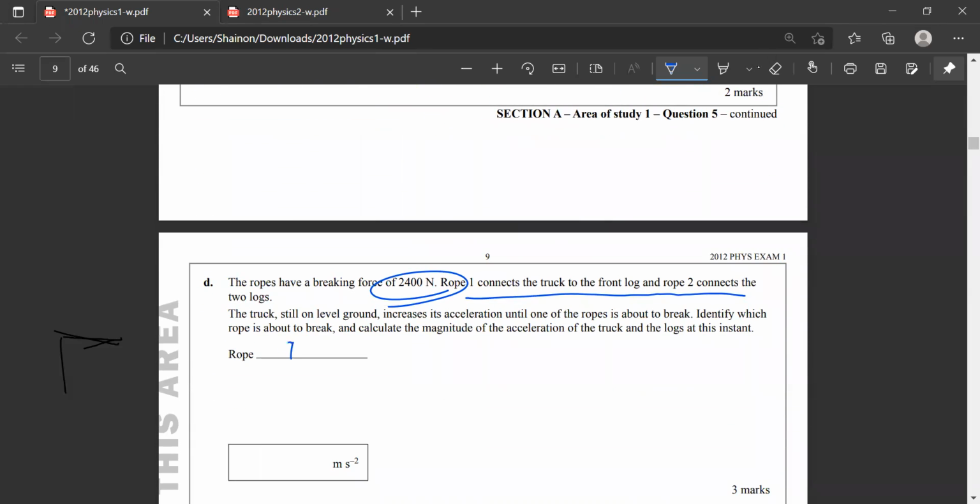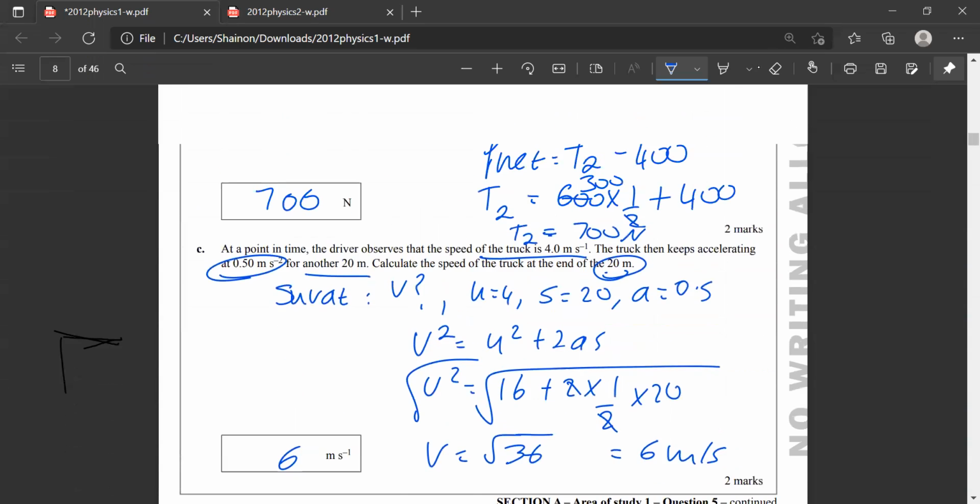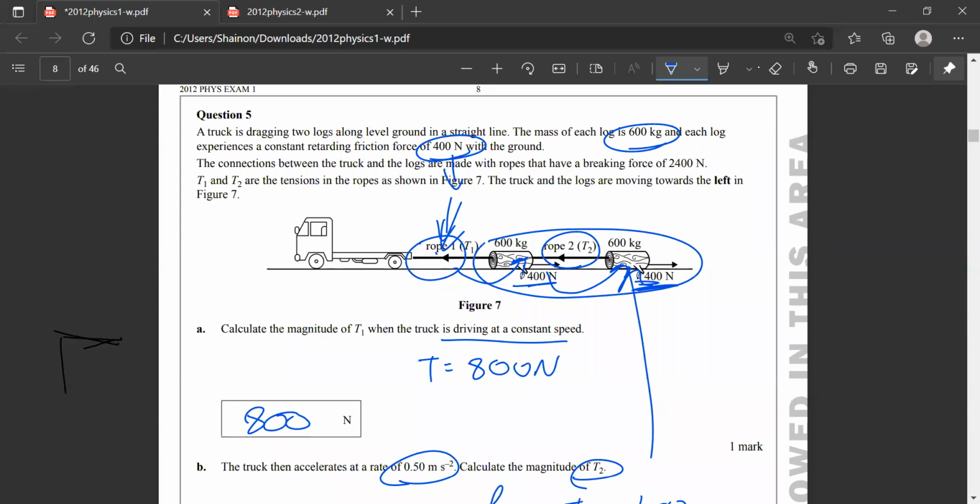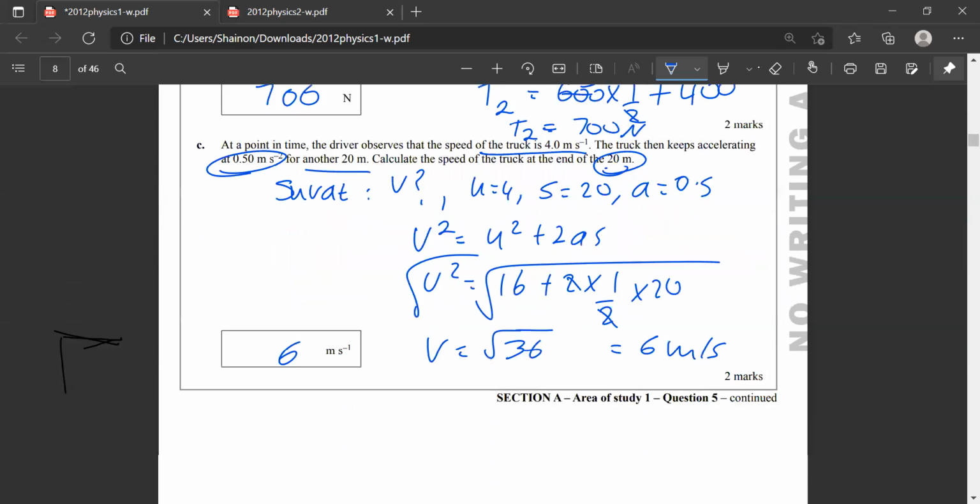So for rope 1, F net equals T minus the 800. And we know that the total mass is this plus this, if we're looking at it as one system.